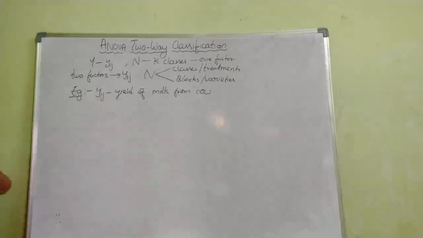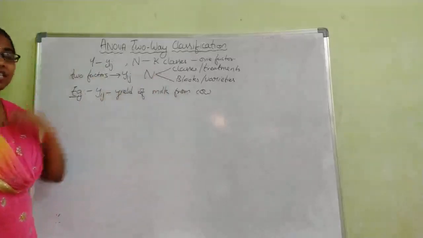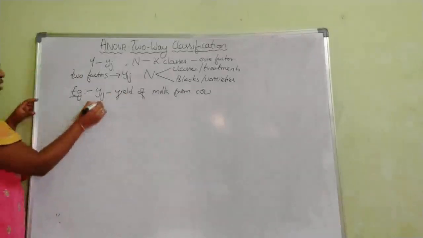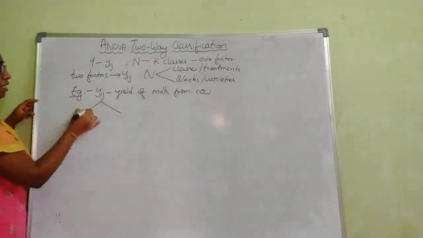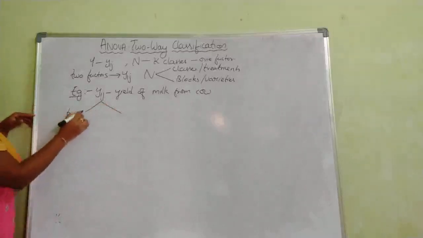So this yield of the milk, or the amount of the milk, means the amount of milk produced by this cow. This may be affected by different factors, right? So what are the different factors that may influence this? The first thing is treatments.